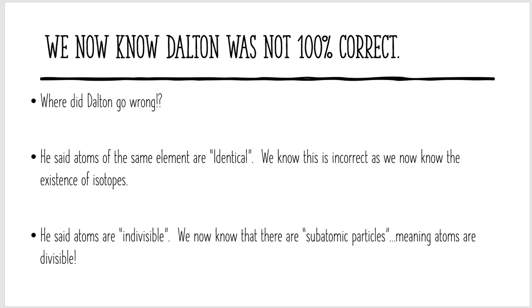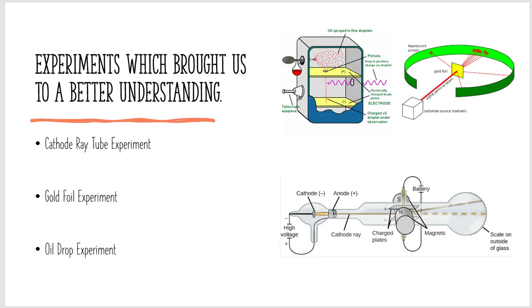And then we have some experiments to understand what these atoms might look like, okay? So we have this idea of an atom now, but we don't really know what its structure might be, okay? So we have a couple of experiments that we want to know about, just general idea of what they did, and then also the conclusions they made, and the people that get credit for it, okay? So the first experiment is J.J. Thomson, okay, and his cathode ray tube experiment.